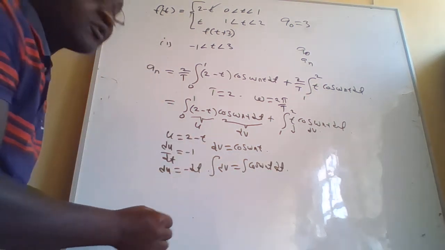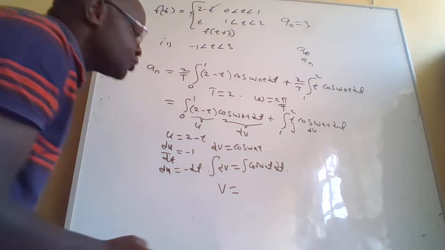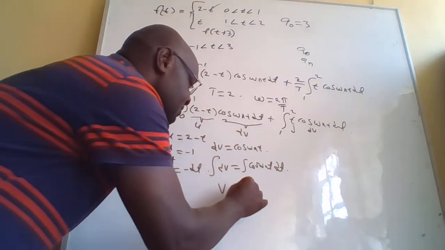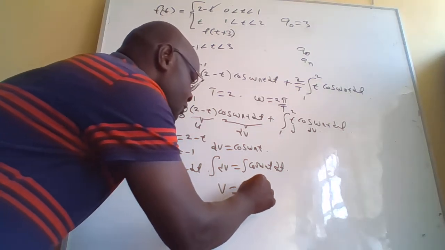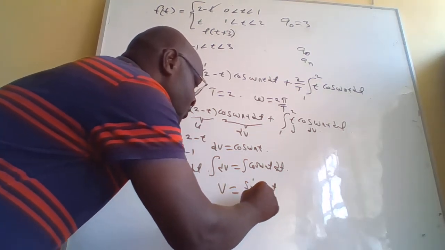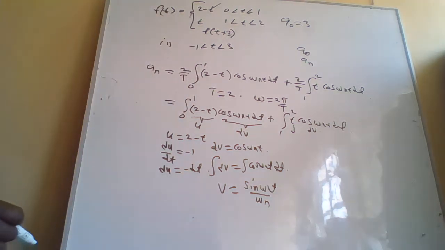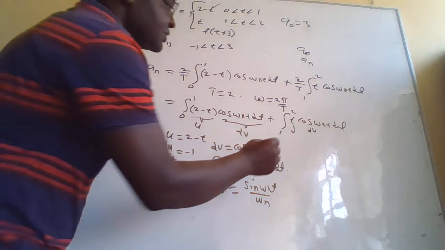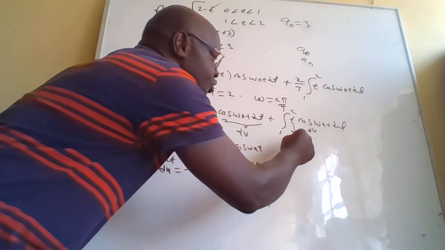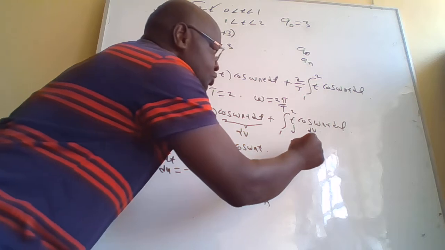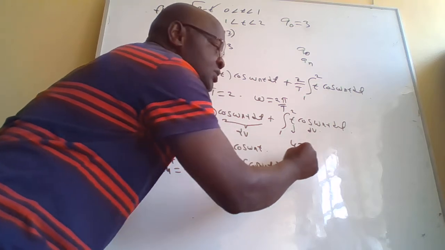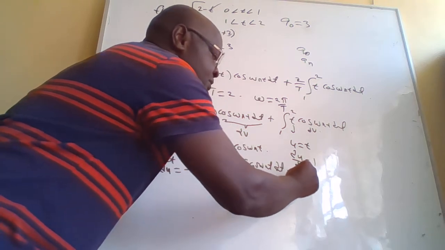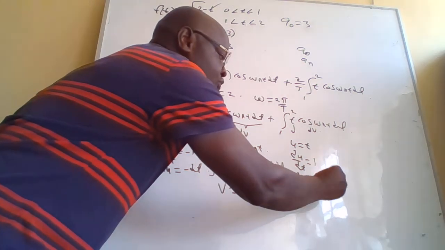So when you integrate dv, you get v, and when you integrate cos(ω_n t), you get sin(ω_n t) over ω_n. And here we have u equals t, du/dt equals 1, du equals dt.